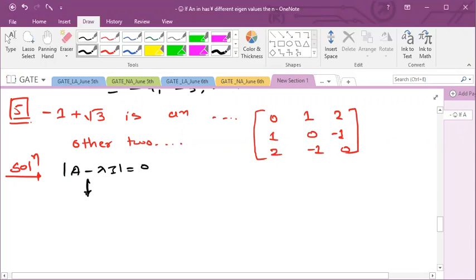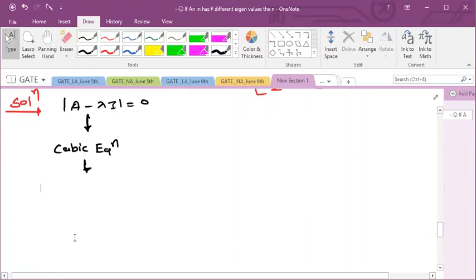From here I can get one cubic equation in lambda, and if I solve this cubic equation, I can put this one value of lambda equal to -1 plus root 3 and convert this cubic equation into a quadratic equation.